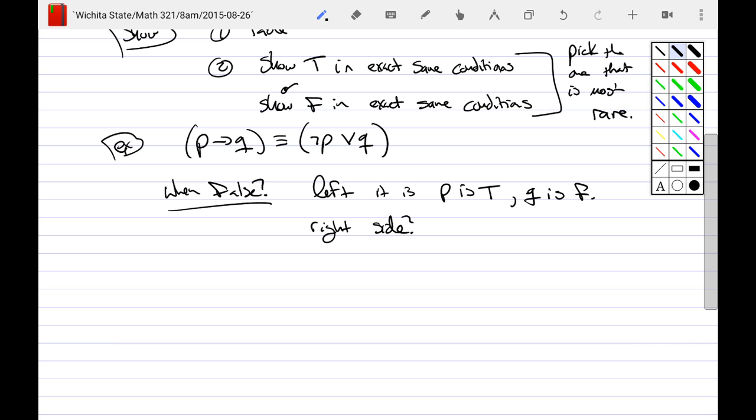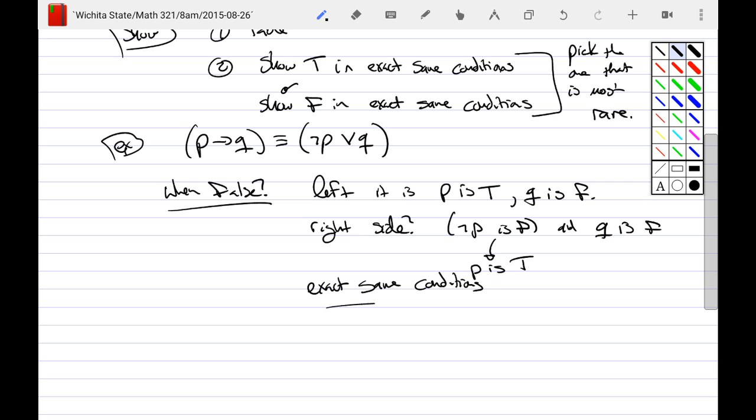What's the only possibility for an or to be false? For the right side, we would have not P is false and Q is false, but not P is false really says P is true. And so, exact same conditions. So that means they're logically equivalent.